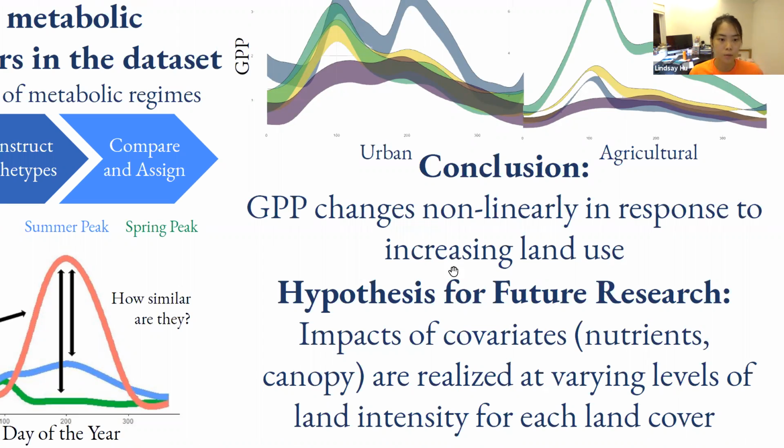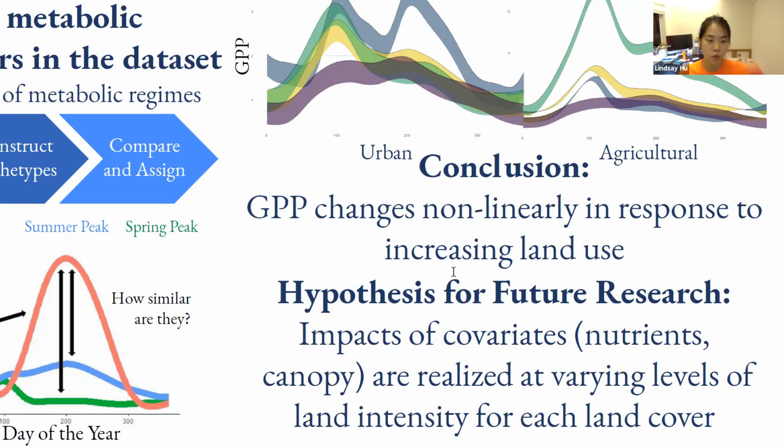With that, we sum up our presentation. We gathered and organized metabolism data for rivers and teased out their relationship with surrounding land use factors, which we hope will help researchers in this field in the future. We find that different types of land use impact GPP, which is the indicator of a river's metabolism or health, differently.